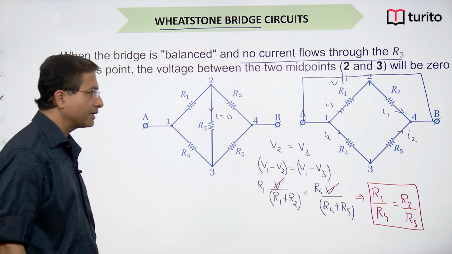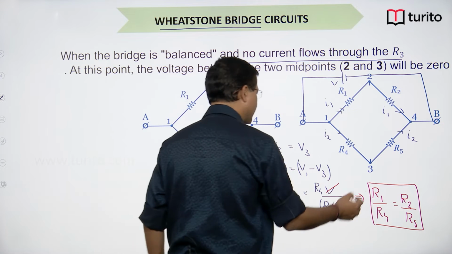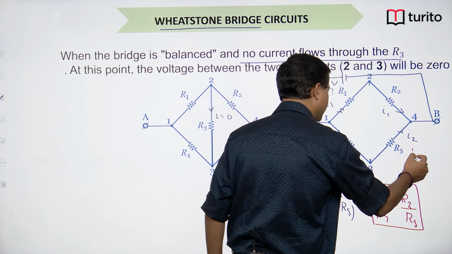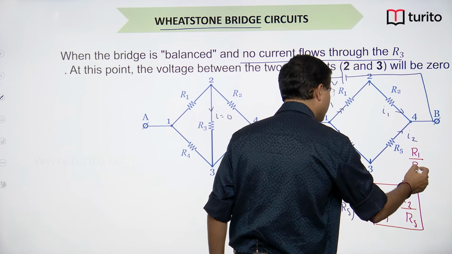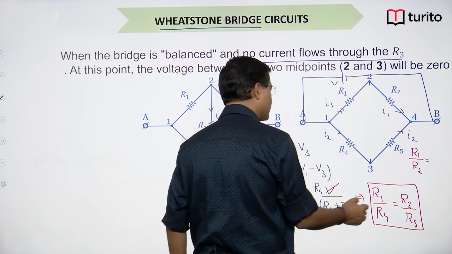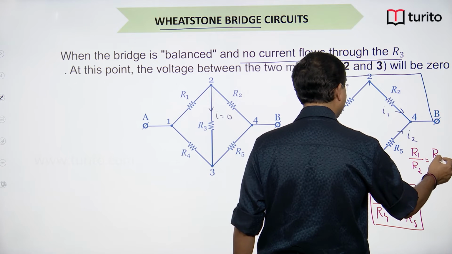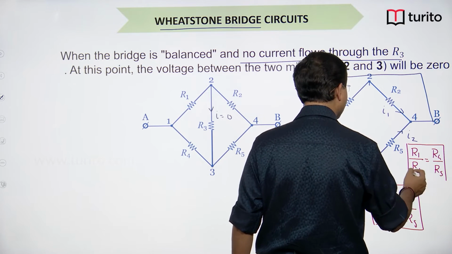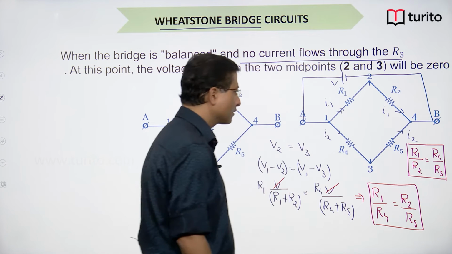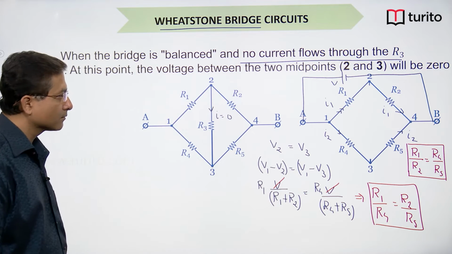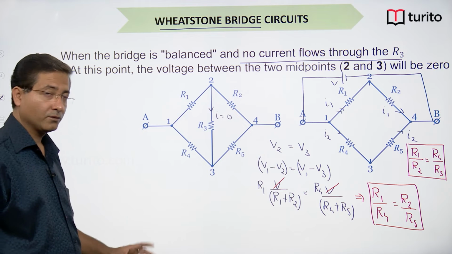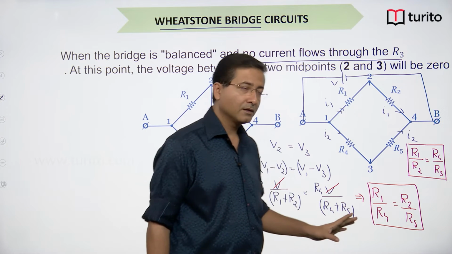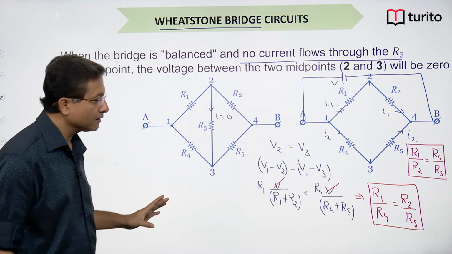And rearranging this, I can also write R1 divided by R2 will be equal to, I will get this term here. If R1 divided by R4 is equal to R2 divided by R5, then this Wheatstone will be in balance state.